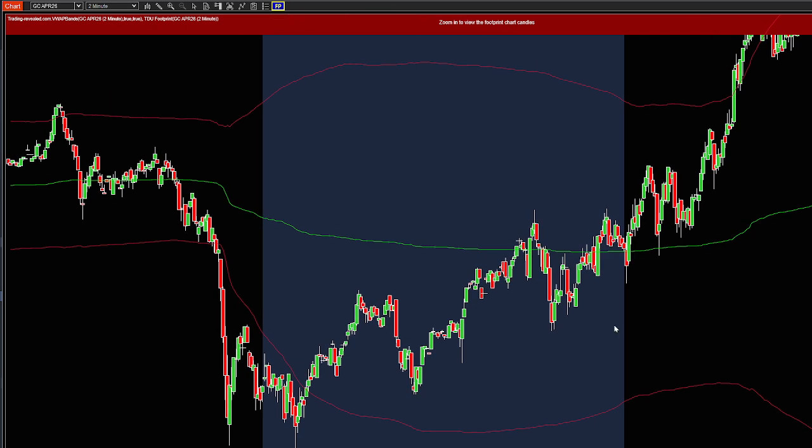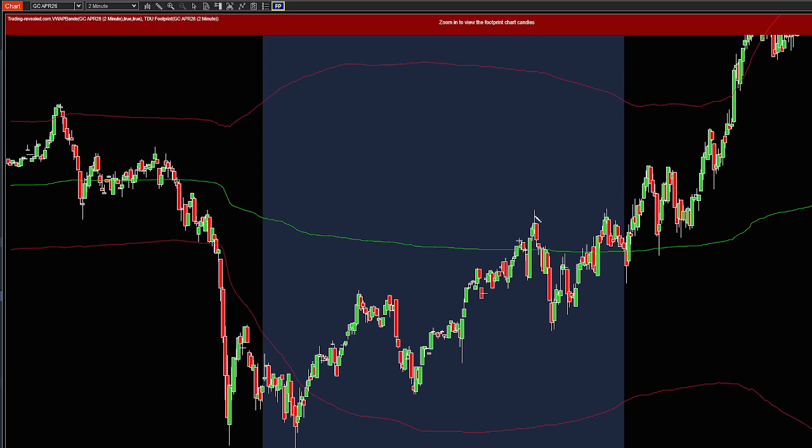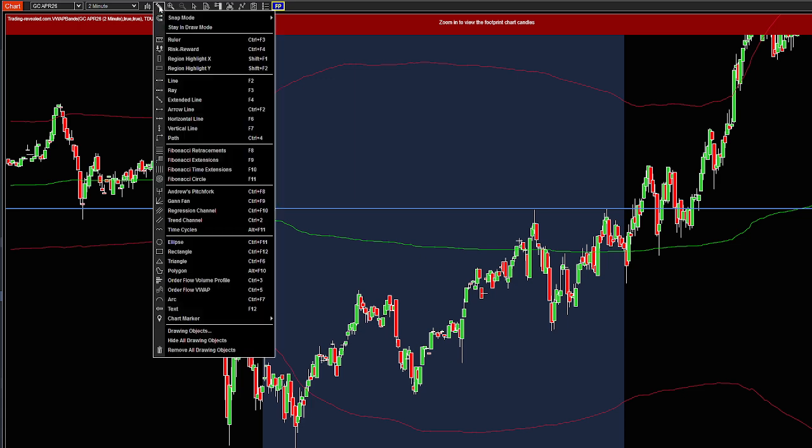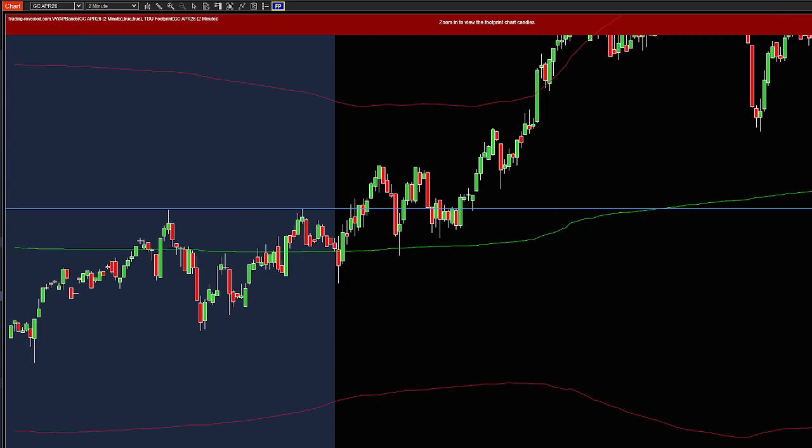I have the pre-market indicated here, and we'll mark up the high point. Right here, within this blue area, this was the highest point, and within this area, this is our lowest point. Got a pretty huge range here.